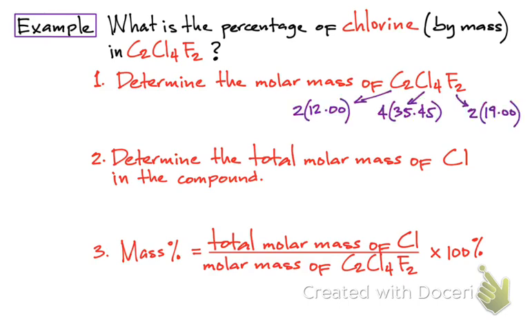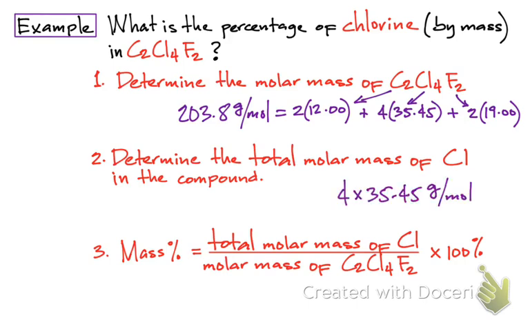So the total molar mass of the compound, again, is 203.8 grams per mole. What is the total molar mass of chlorine here? In that case, it's 35.45 multiplied by 4, because you have 4 chlorine atoms, and you get 141.8 grams per mole.